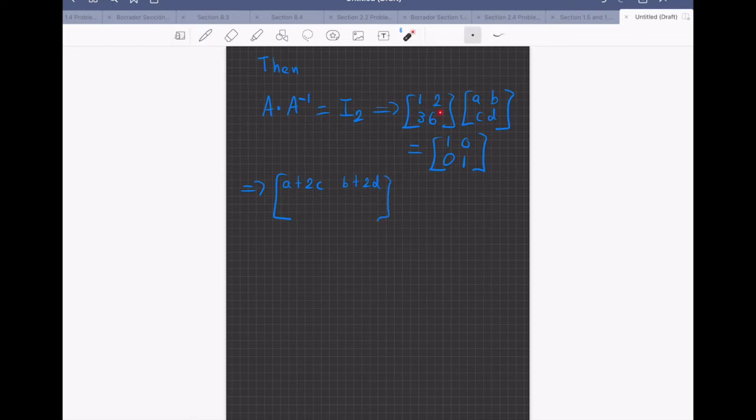Row 2, column 1: 3a plus 6c. And finally row 2, column 2: 3b plus 6d. And this should be equal to [1, 0; 0, 1].